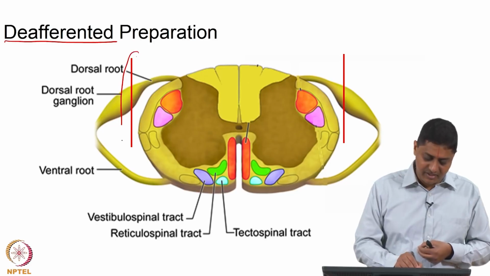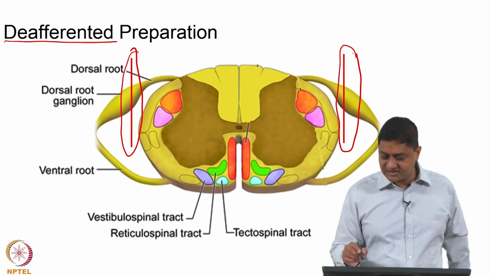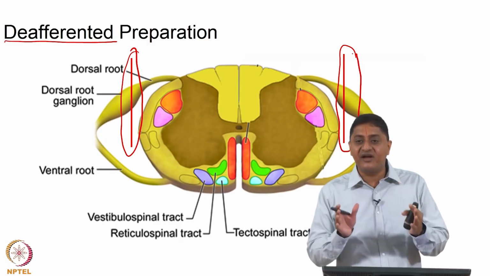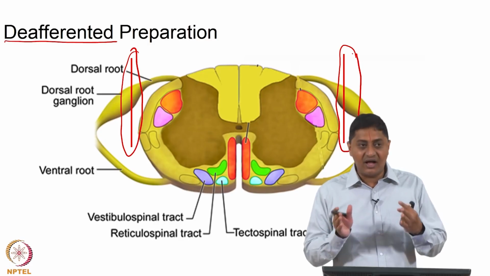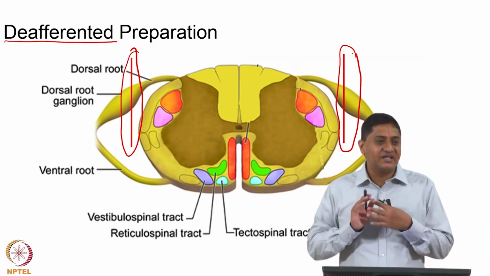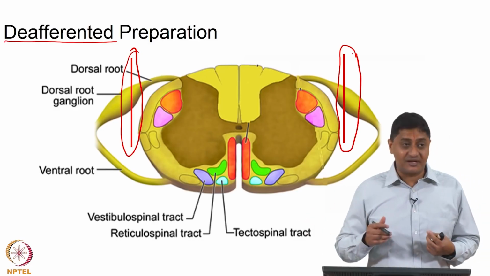So, the cut is performed here. Let us remember what the dorsal root does. We have discussed this in previous classes. The dorsal root receives only afferent inputs. All the receptors, muscle spindles, Golgi tendon organs, cutaneous receptors, everything come via the dorsal root. If I cut it, no sensory input is going to be there.